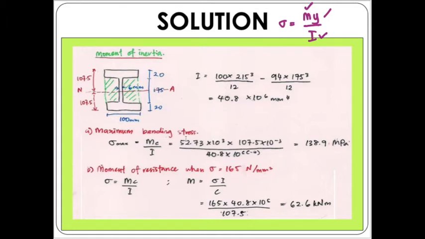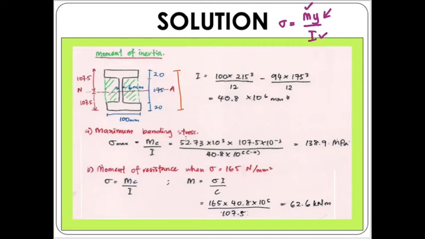Since this is a symmetrical I-beam, the height of this beam will be divided by 2. As you can see in the figure, we have a total height of 20 plus 20.